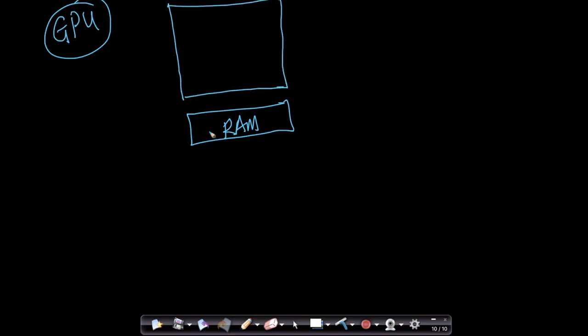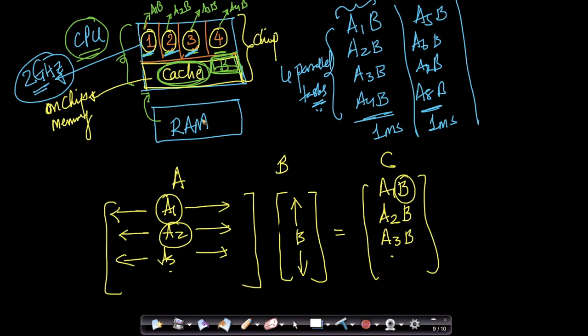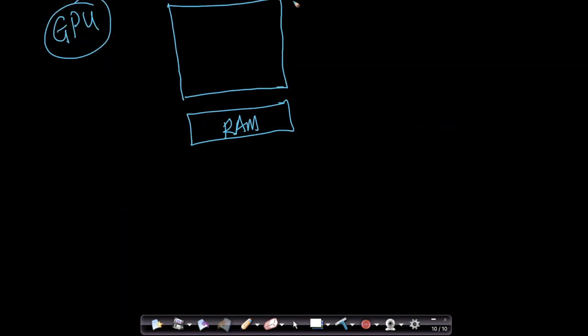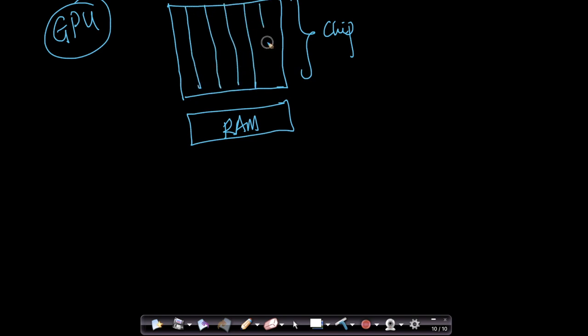This is your memory unit, and this is your computational structure. This is a single chip. So on a single chip or a small set of chips within the GPU, instead of one processor, you see lots of processors. Or instead of 4 processors, you end up seeing, okay, let me draw it first. Each of these is a processor.